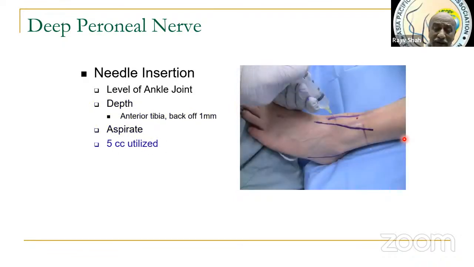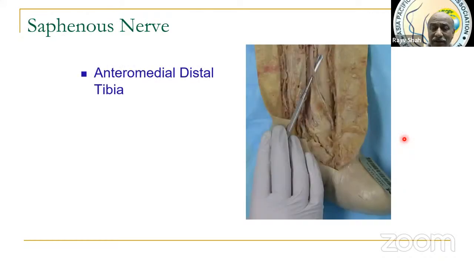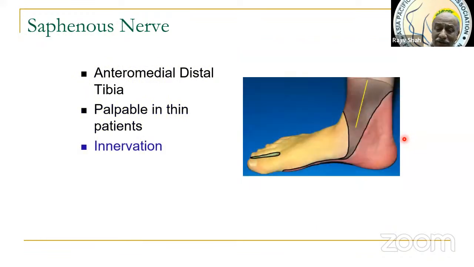Sometimes you have to use 5 to 7 cc of injection. Now, saphenous nerve is on the medial side, the anteromedial distal tibia. It is palpable in thin and lean individuals, and you have a saphenous vein accompanying it. Innervation of the saphenous nerve is to the anteromedial aspect of the ankle and foot.